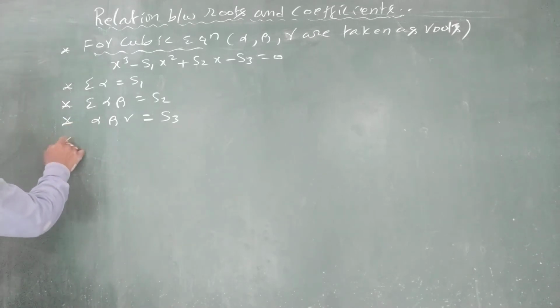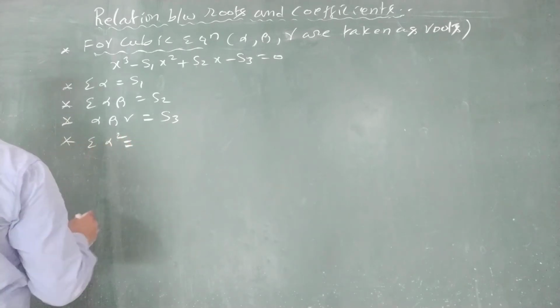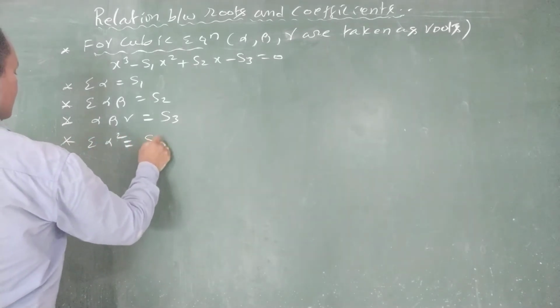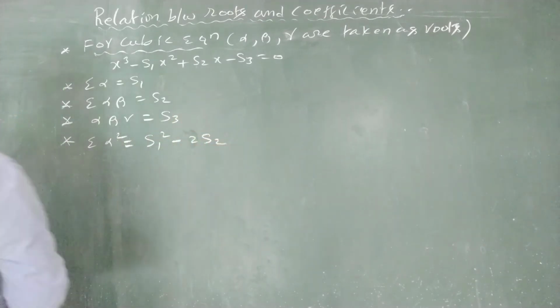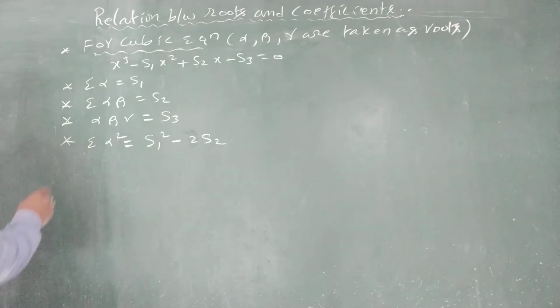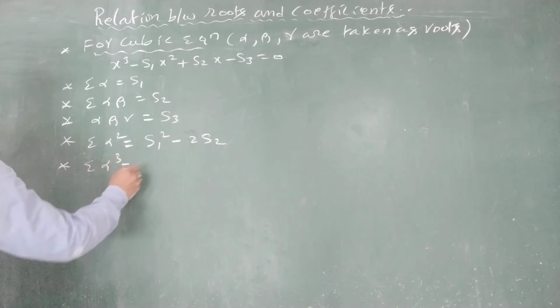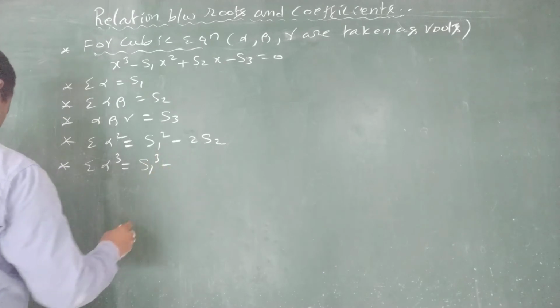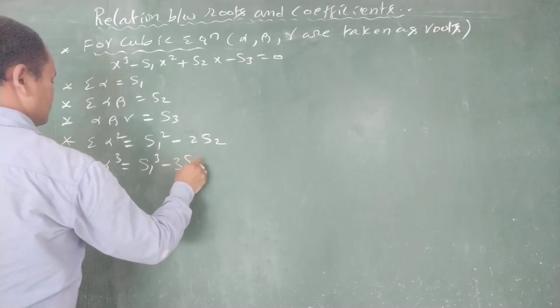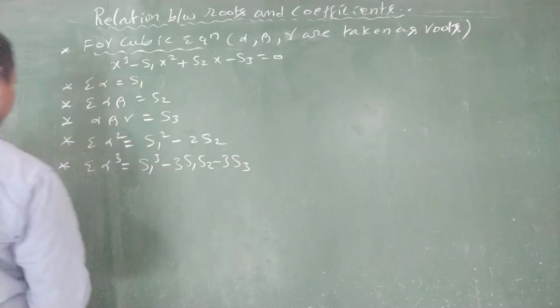Now sigma alpha square is equal to s1 square minus 2s2. And sigma alpha cube is equal to s1 cube minus 3s1 s2 plus 3s3.